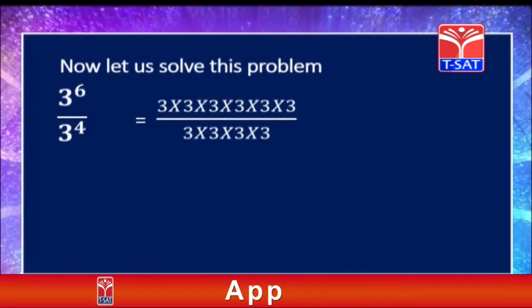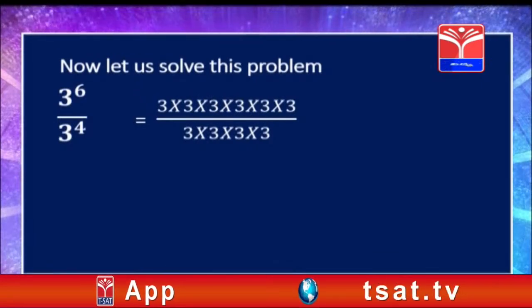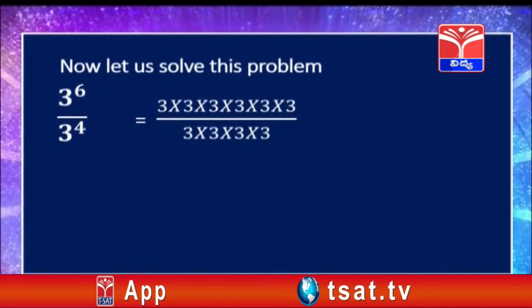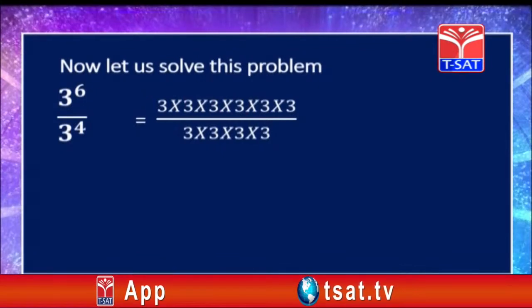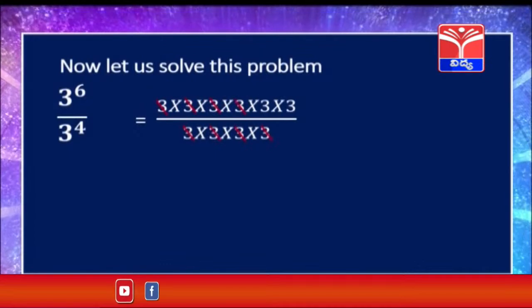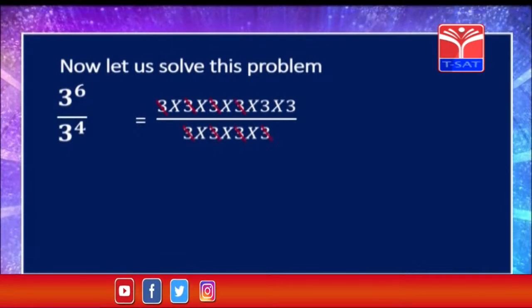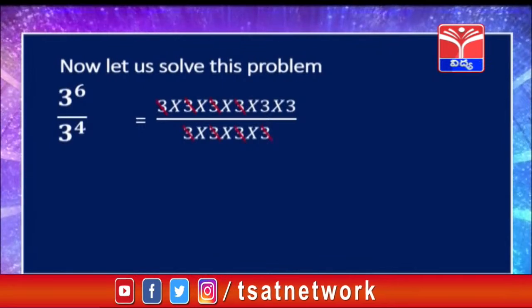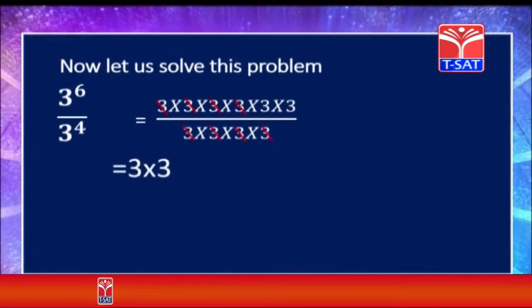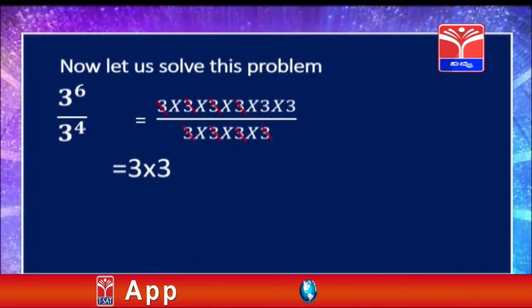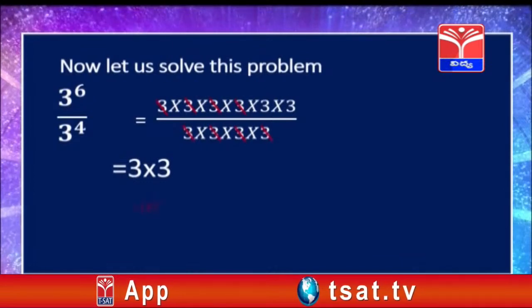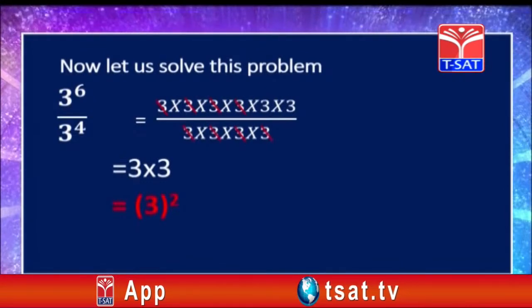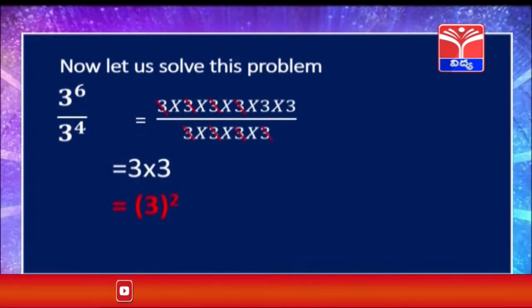So when there is a same number in the numerator and the denominator, the same numbers will cancel like this. So 4 3's will cancel with 4 3's, and how many 3's are left out in the numerator? 3's are multiplied 2 times. So you can write 3 to the power of 2.